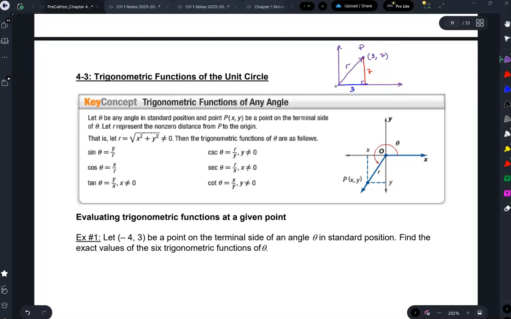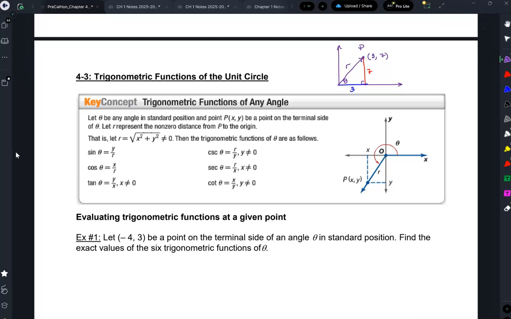When I do this, I've also created an angle theta there. And so now I can very easily find what r is, because I can do the Pythagorean theorem. So now, if I wanted to find sine of theta, I know it'll be that red one over r, and then the cosine will be the horizontal one over r.